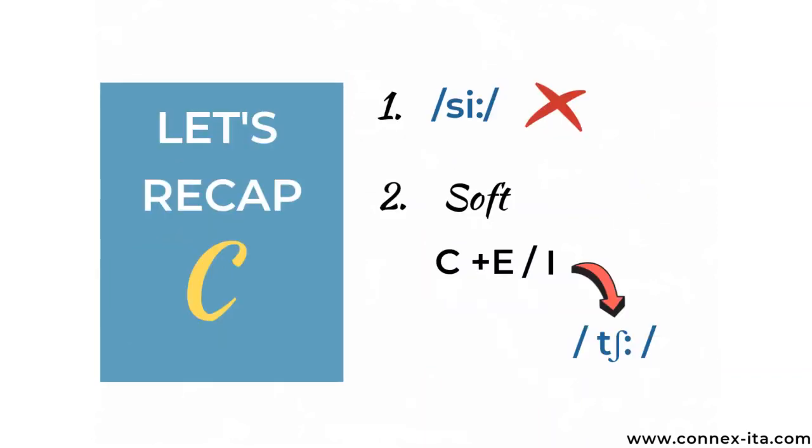Right, before you go, let's recap quickly what you need to take away from today's lesson. First of all, the letter C in Italian is never pronounced C like you do in English. Instead, it can have either a soft or a hard sound. It gets a soft sound when followed by the vowels E and I, so you say it chi, chi.